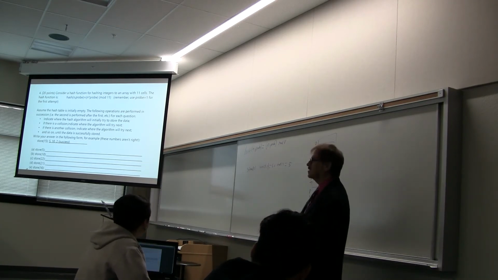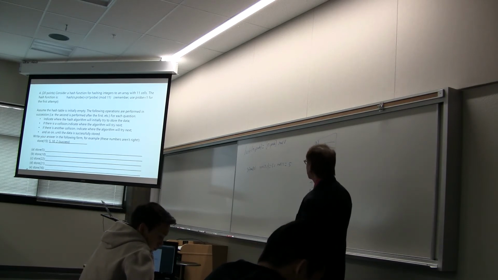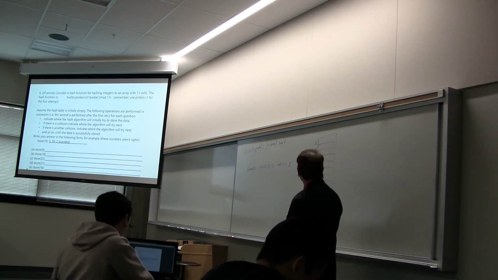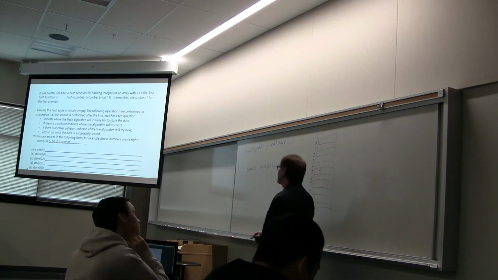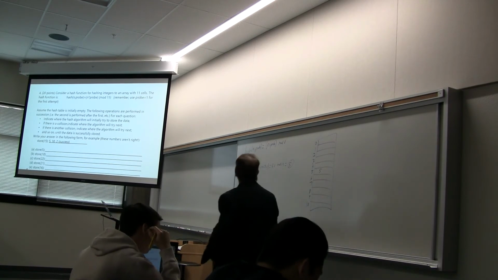It says assume the hash table is initially empty, so this is all empty. So storing 5 says we should try to put this in location 5. Location 5 is available, so we put our 5 there, and that's the only thing we need for part A, just 5, and that's successful.